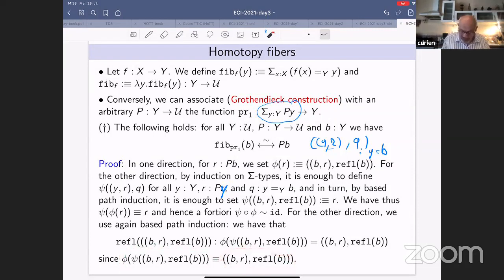And we need to find a proof that phi of psi, etc., is equal to this guy. But because it is definitionally equal, I can replace this guy by this guy, and then reflexivity on this guy will do the job. Okay, so this proves the lemma, and then we will see later on how to use it.